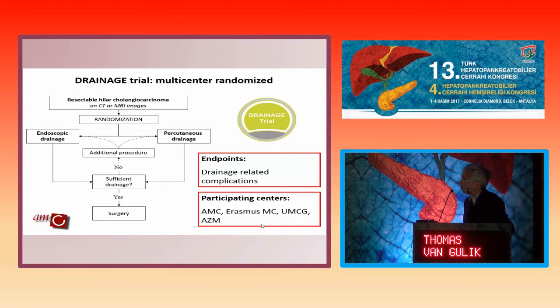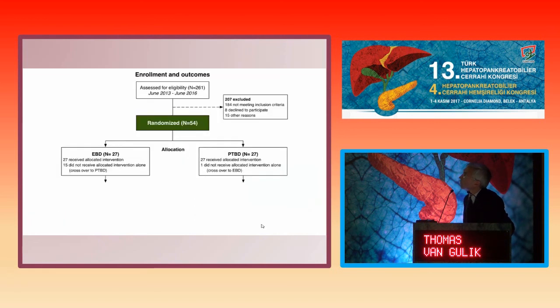There were 4 centers, all specialized in the treatment of perihilar cholangiocarcinoma. You can't do that with more centers because you need expert endoscopists and expert interventional radiologists, and we looked at the outcomes as you see here.